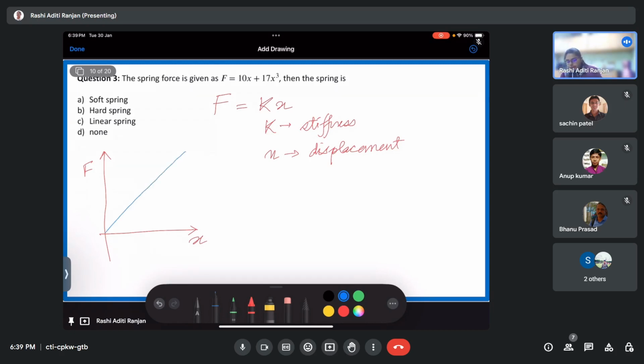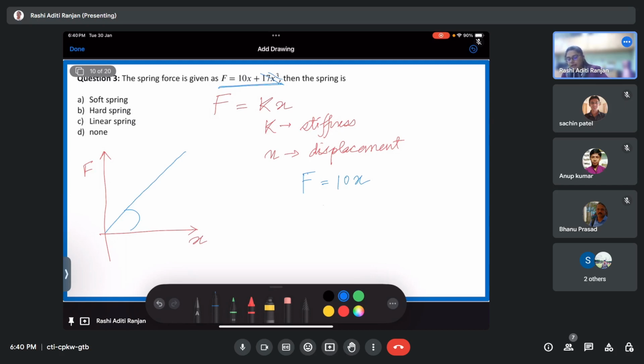With the increment of x, F is going to increase, and this inclination would depend upon the value of K, which is the stiffness. Correct. Now, if I consider the given equation as F is equal to 10x, and for the time being I don't consider the 17x cubed term, how is the plot going to be? It will vary linearly like this.